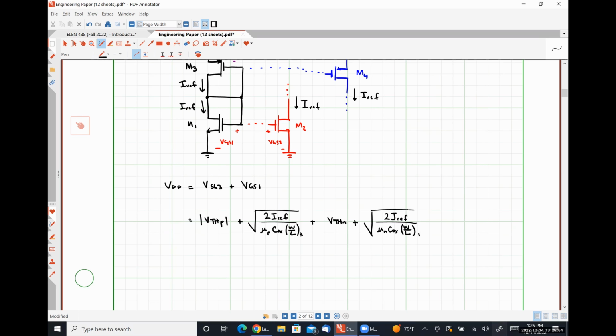So this is our governing equation of how this thing works, okay?